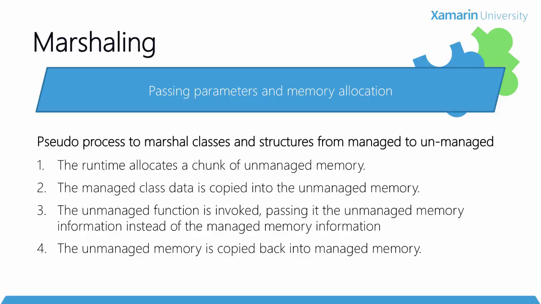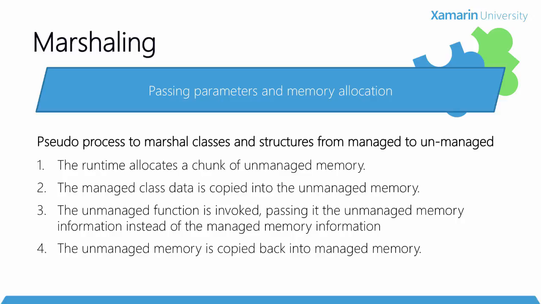Now, there's one key point to keep in mind. The memory management specified in the above process is implicit, and there's no way to control how the runtime allocates the marshaled memory, or how long it will be available. And this is really important. If the runtime marshals a string, the marshaled string will only last as long as the call.